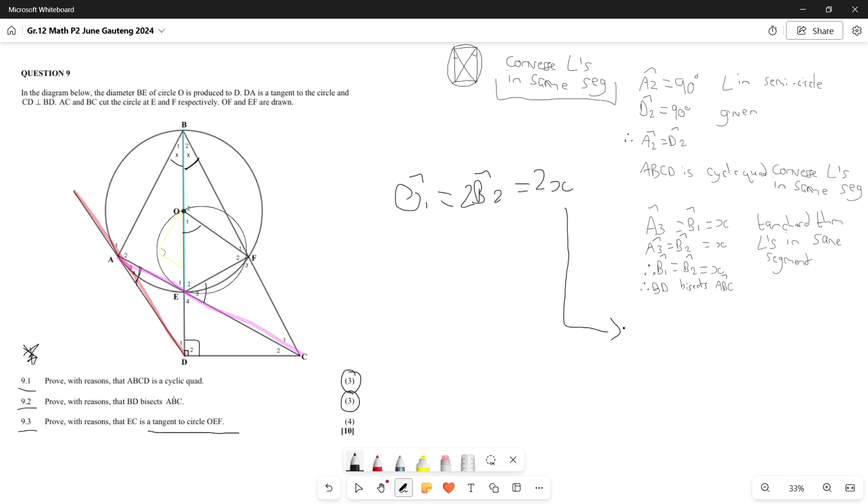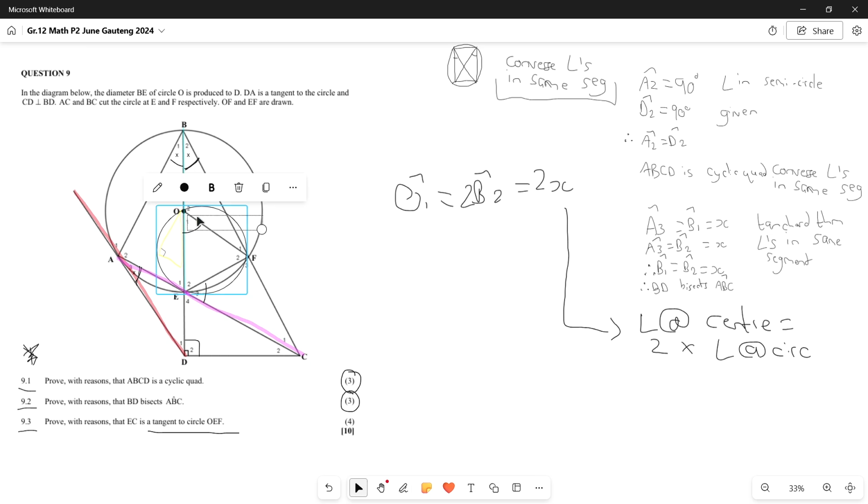The reason over here is angle at center equals 2 times angle at circumference, which means if we're going to put a value in here, we now know that it is 2x over there. So the whole objective is to prove E3 equals O1 here, which means that E3 is also equal to 2x.